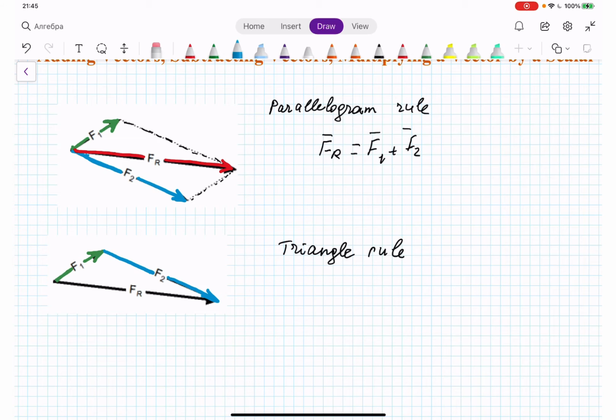And the resulting vector will be a vector whose beginning coincides with the beginning of the first vector, and whose end will coincide with the end of the second vector.